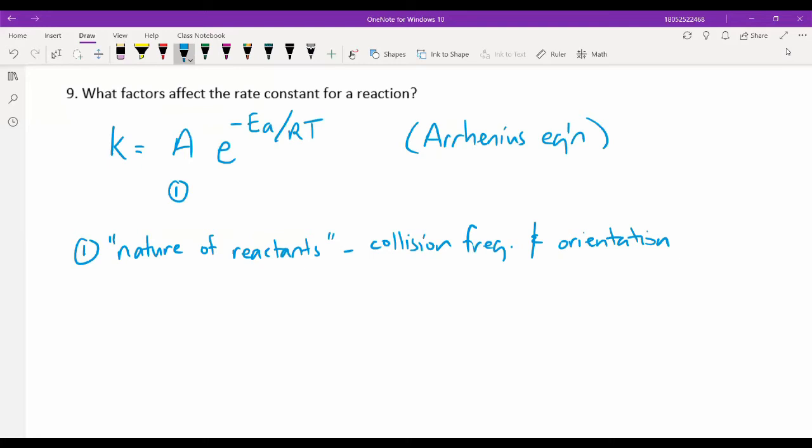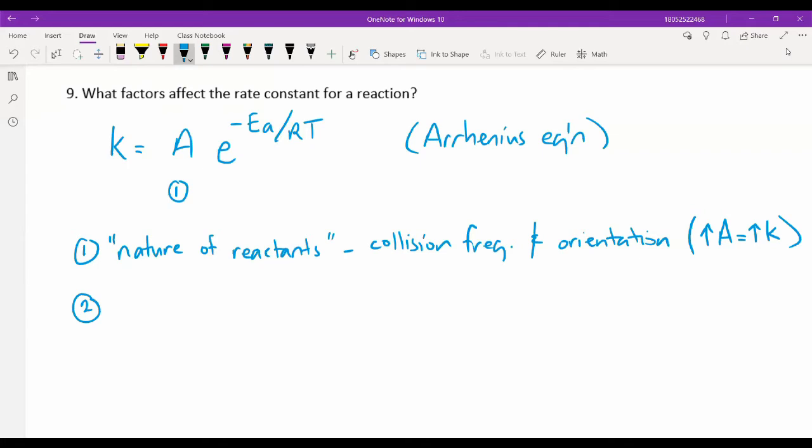Maybe the orientation has to be a very specific angle, so of 300 collisions, only one actually results in a reaction. Those things depend specifically on the type of reaction happening. It's pretty complicated, a lot of physical chemistry and looking at geometries. But in short, if the A factor is bigger, you're going to have a bigger k because it's proportional.